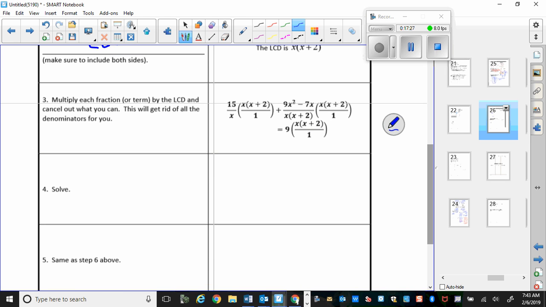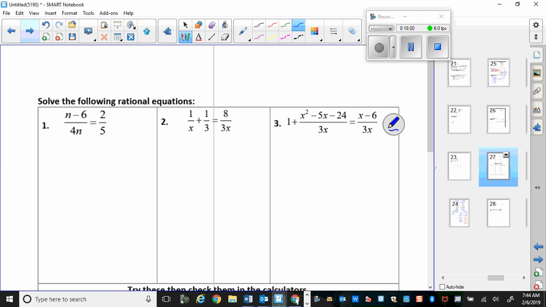You end up canceling these x's and the x plus 2, leaving 15 plus 9x squared minus 7x equals 9 times x plus 2. And we're pretty much back at the same situation we were before, and you just solve for x from there. But we're not going to spend time with that problem. We're going to go on to solving problems.